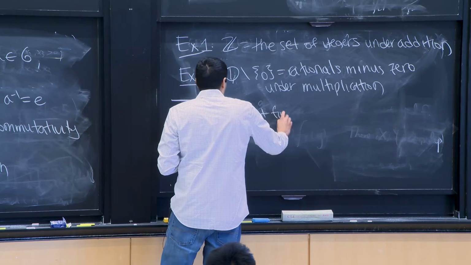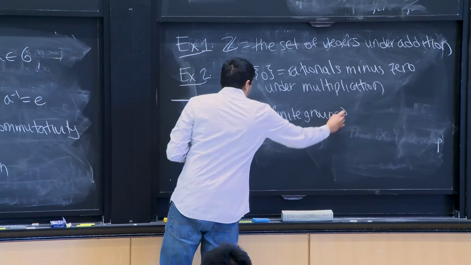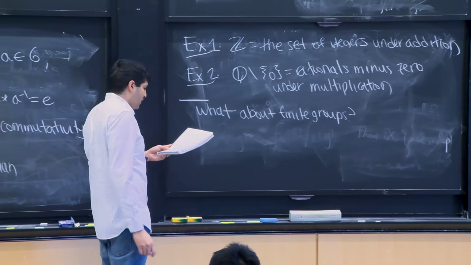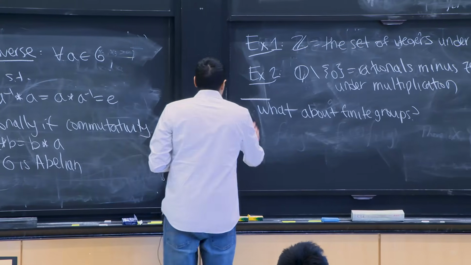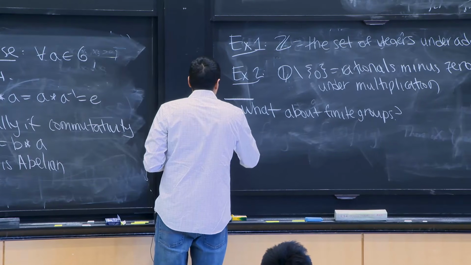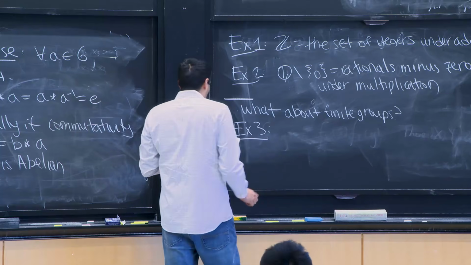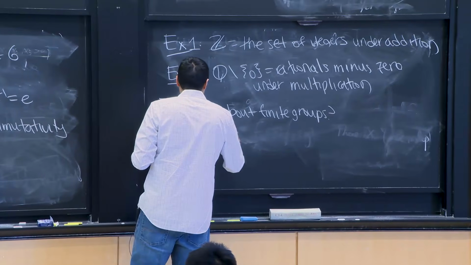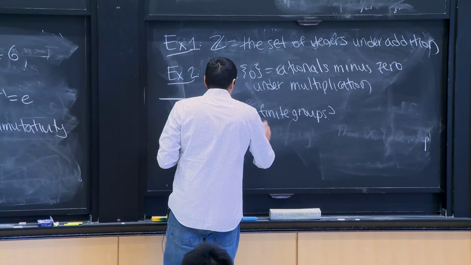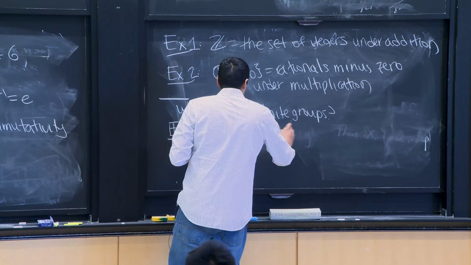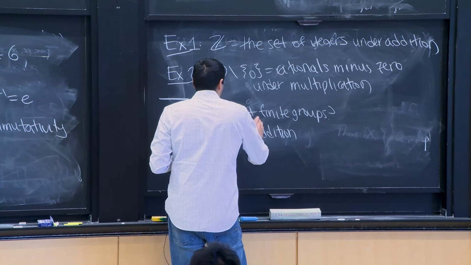So what about finite groups? In fact, I claim we've already seen some examples of finite groups in action, right? So we can take another example. This will be a very important example for us, which is we can take Zn with the binary operation of addition, modular addition.